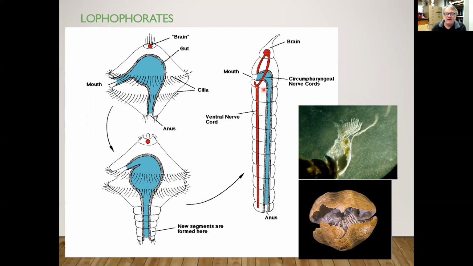What's not shown here is that we'd also be adding a circulatory system to deliver the nutrients that are absorbed throughout the body. So this is probably an interesting little example of a connection between the incomplete digestive tract and more of a complete digestive tract. So that's why a lot of people like studying these organisms.